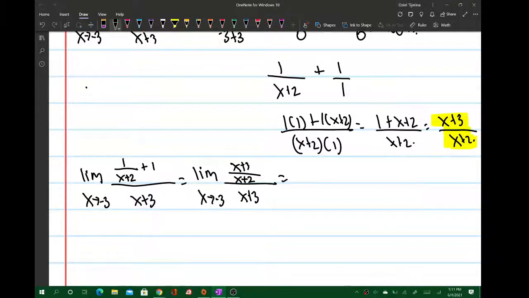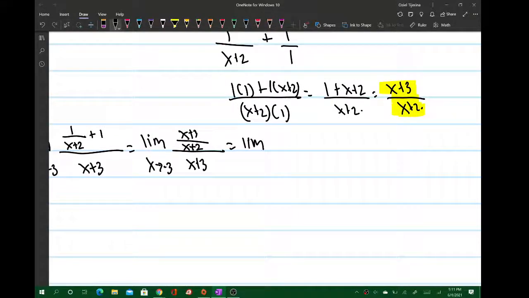And then we have the limit as x approaches -3 of x plus 3 over x plus 2 divided by x plus 3.